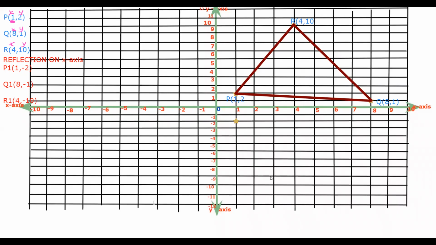Then you write the coordinates here. So P1 is formed by +1 and -2. Okay, good. That is the P1 formed by that.